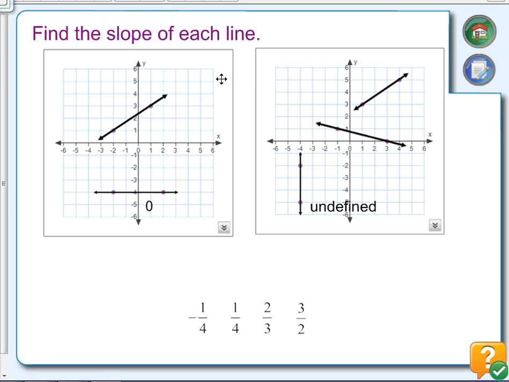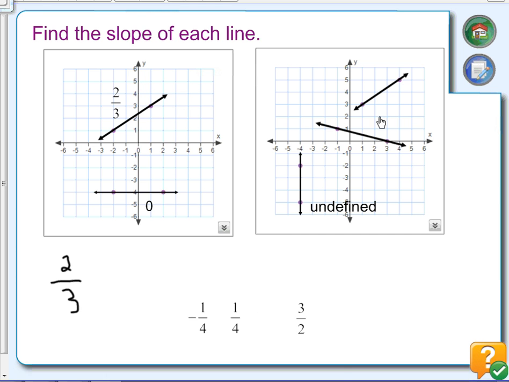If you see this little purple dot here, we can say, I'm going to go up 1, 2. So my rise is 2, and my run is 1, 2, 3. That's where we get the 2 over 3.